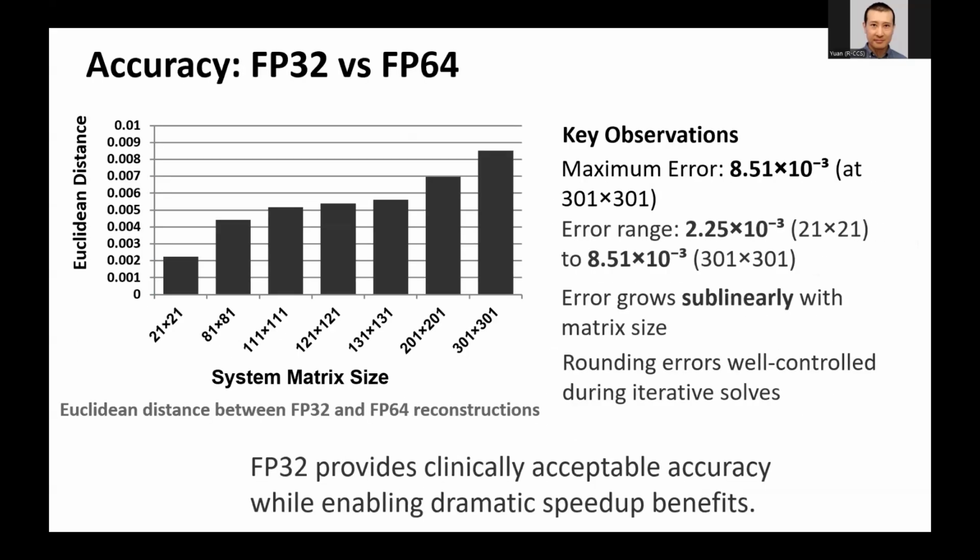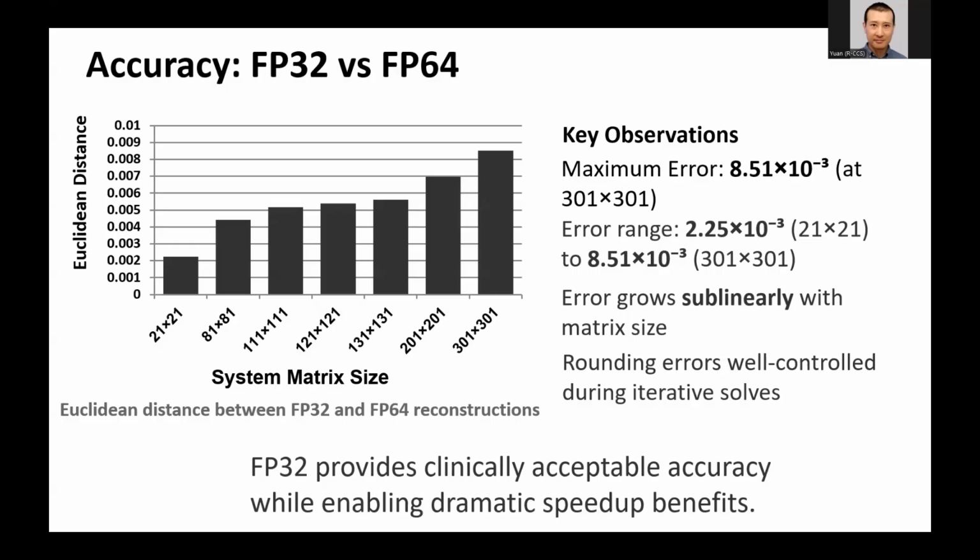A critical question then is whether single precision maintains acceptable accuracy. This chart shows the Euclidean distance between FP32 and FP64 reconstructions. The maximum error is less than 1% at the largest system matrix size. This error range is acceptable, and it also grows sublinearly with matrix size, remaining well under 1% for even the largest system matrix size.